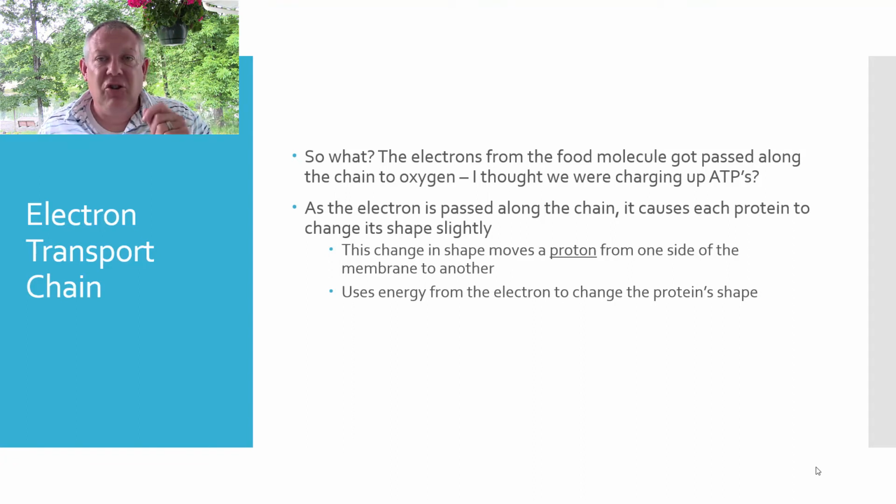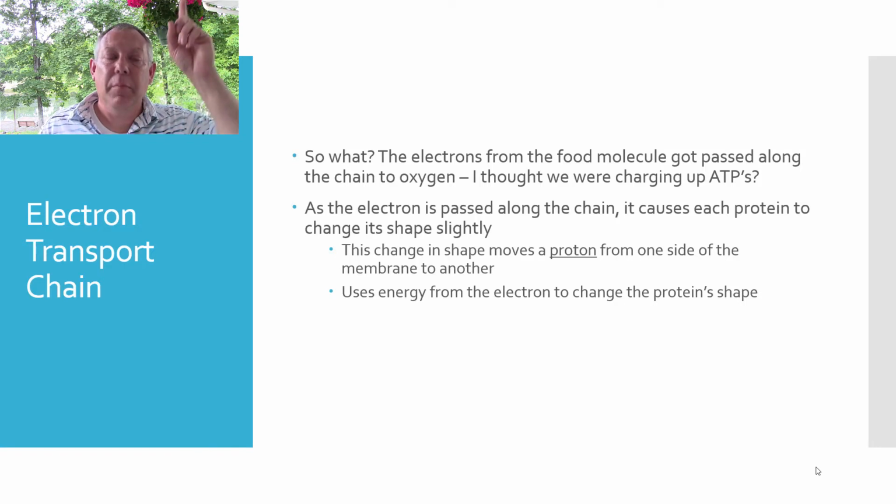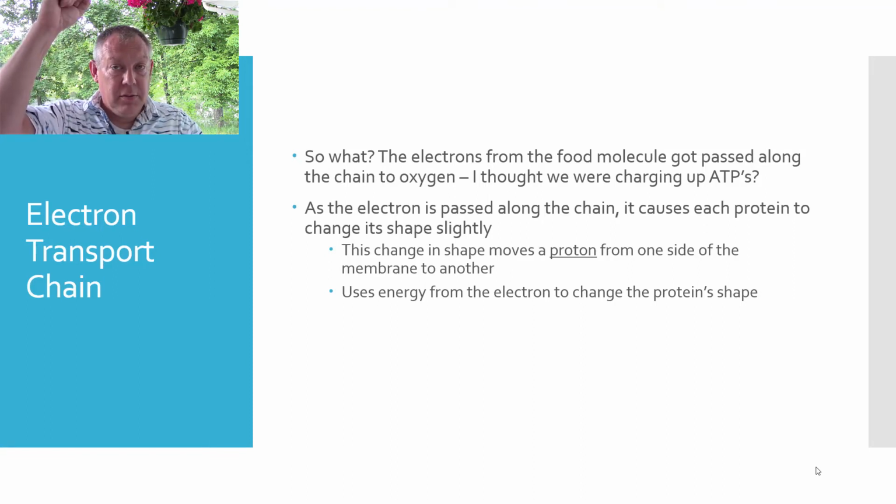As it changes shape, that causes the enzyme to pump a proton across the inner membrane into the inner membrane space. So that's the kind of work these enzymes are doing. As they pass the electron, they get enough energy to pump protons.